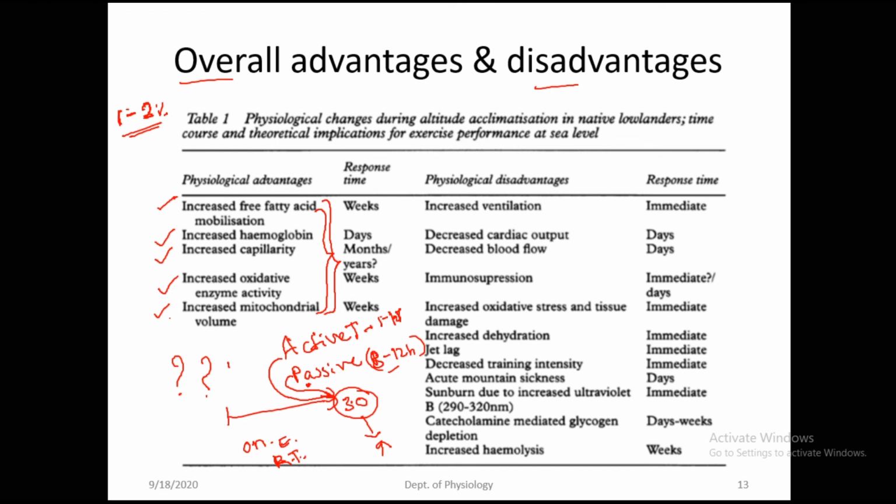It can vary from person to person. So hypoxic training is purely individualized. The benefit of hypoxic training can vary from person to person. The maximum benefit of overall improvement of performance can be up to 2%.